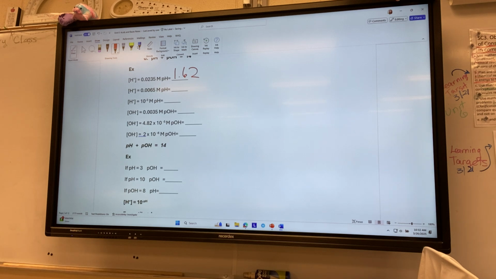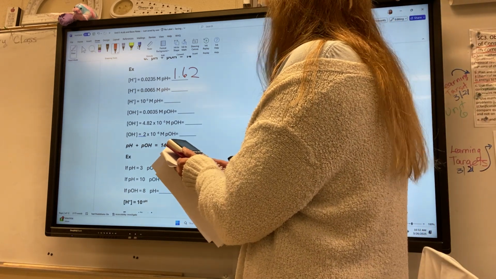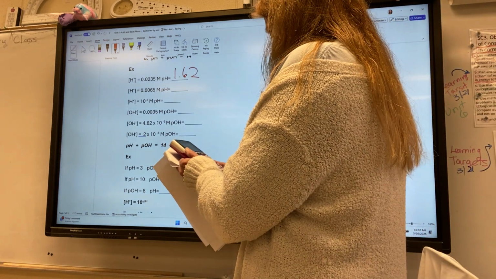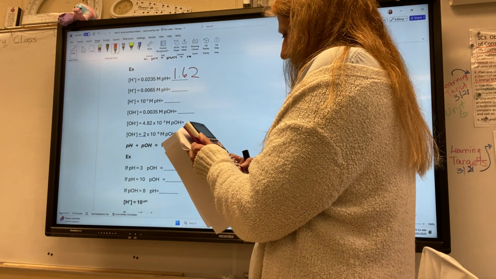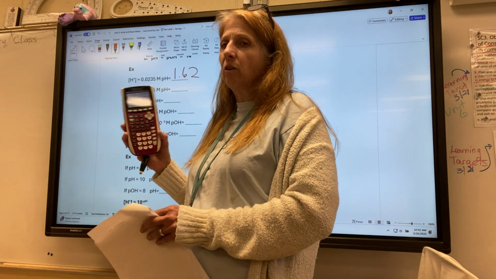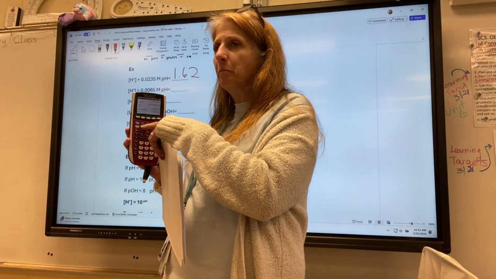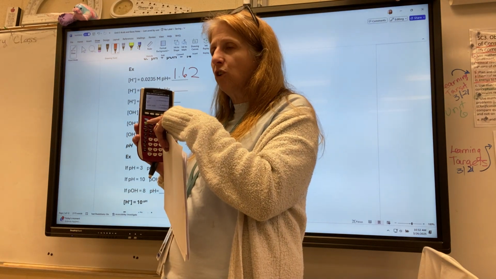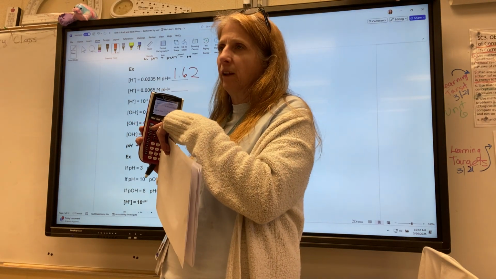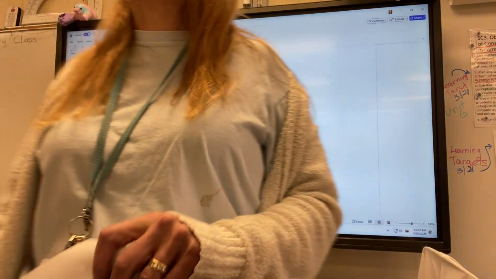Let me get my calculator and take its negative log of 0.0235. That should be it. I got 1.62. If you're getting the wrong answer, check your calculator under mode. Make sure that you're in degrees, not radians. If you're doing your calculator right and getting the wrong answer, that is often what's wrong.